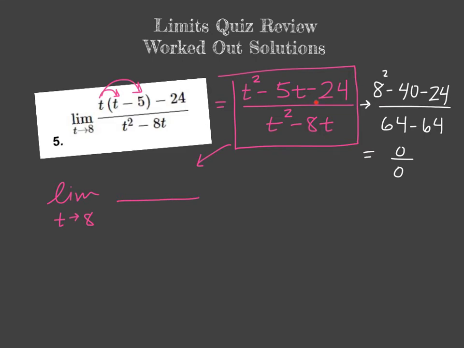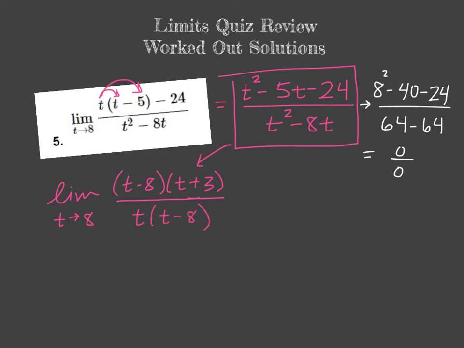The numerator is a quadratic trinomial, so two numbers that multiply to negative 24 that add up to negative 5 are, let's see, negative 8 and 3. And then our denominator, there's a GCF of t, so I'll take the t out, and we're left with t minus 8.